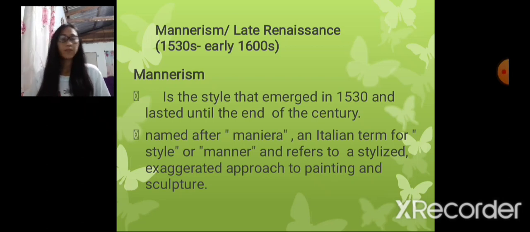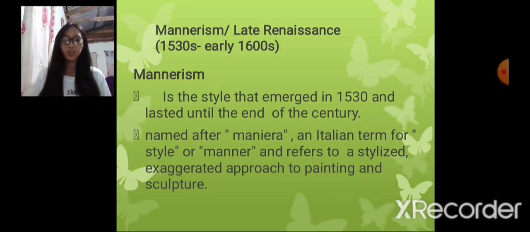Herrera's report. Let's move on to mannerism or late Renaissance. So, what is mannerism? Mannerism is a style that emerged in 1530 and lasted until the end of the century. It was named after maniera, an Italian term for style or manner, and refers to a stylized, exaggerated approach to painting and sculpture.